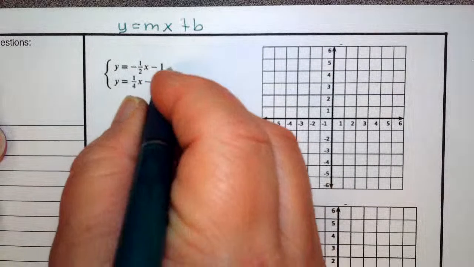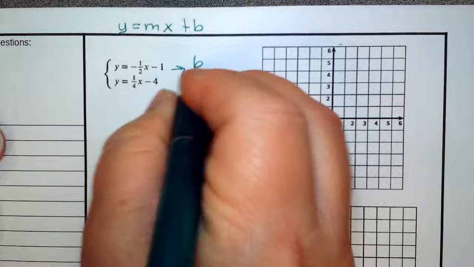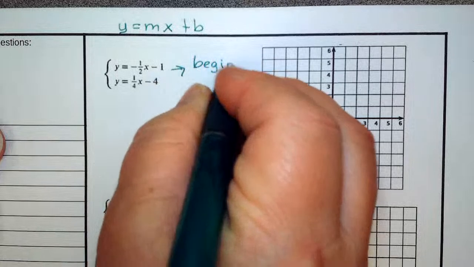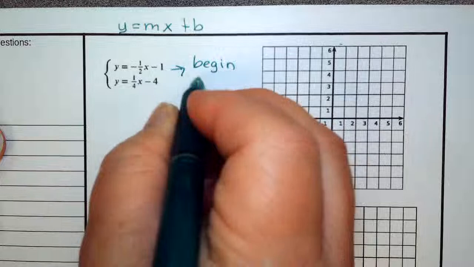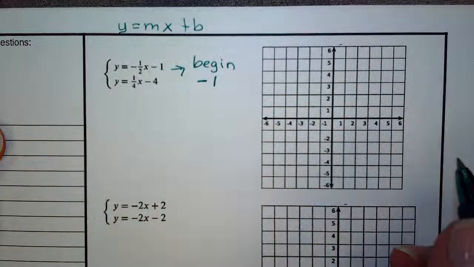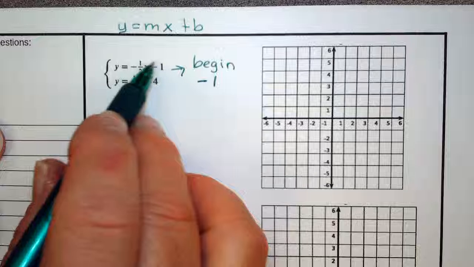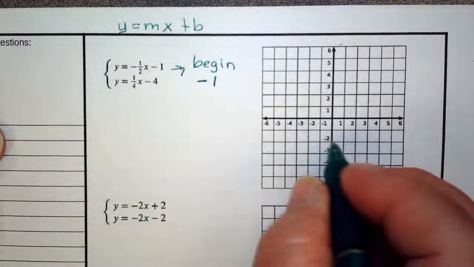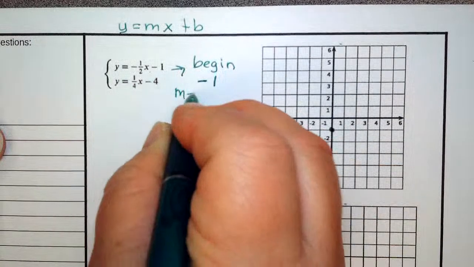So if I'm looking at the first one, where do I begin? If you said 1, you would be incorrect. If you said negative 1, you would be correct. You begin at negative 1 because this is negative. How do I move?